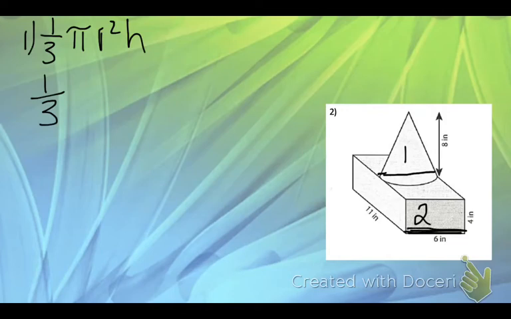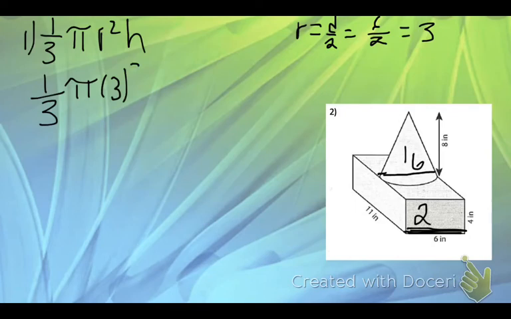And so 6 is our diameter. And if 6 is our diameter, to find the radius, we do the diameter over 2. So we're going to do 6 over 2, which is 3. So 3 is our radius. So 1/3 pi, 3 squared, and then this 8 right here is showing that this is the height.